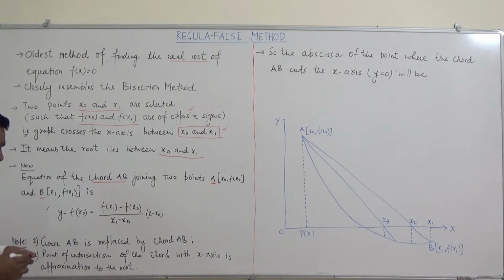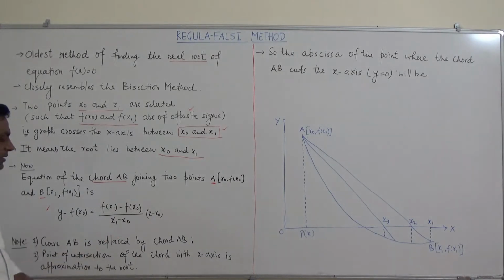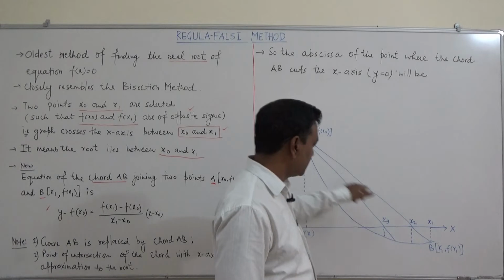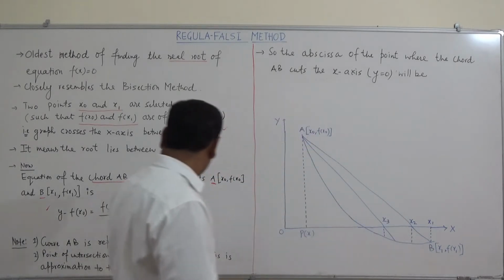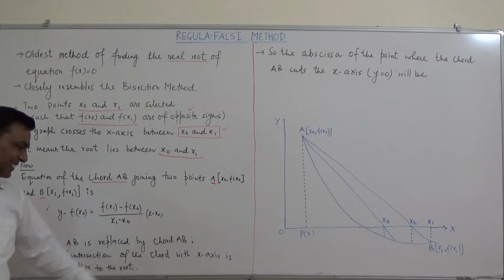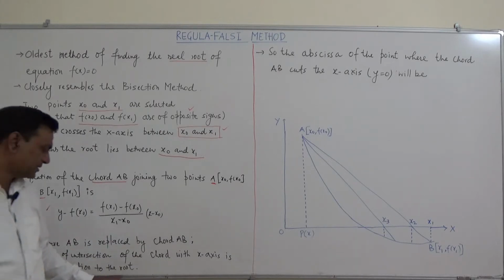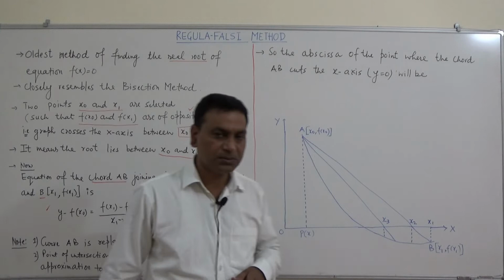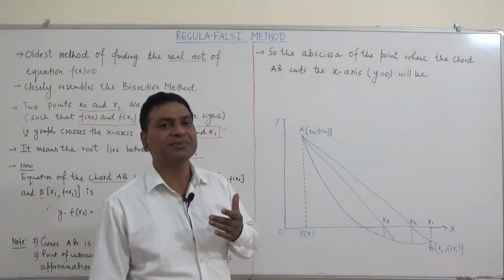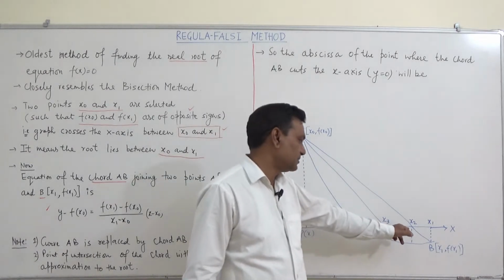It is to be noted here that the curve AB is replaced by the chord AB. Here this curve is replaced by this chord, and the point of intersection of the chord with the x-axis is the approximation to the root. So the approximation that we want to find is nothing but this intersection.